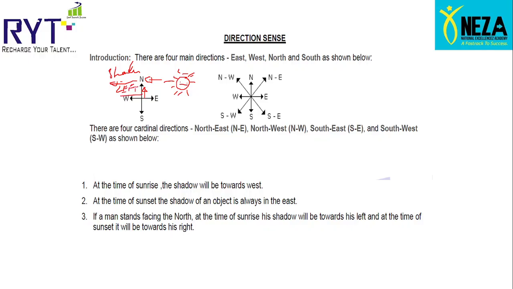At the time of sunrise, if a person is facing north direction, shadow will be towards his left. This is his left, this is his right, assuming he is facing north direction. Same way, at the time of sunset, the shadow will be towards his right direction. So these are the basics we should know.